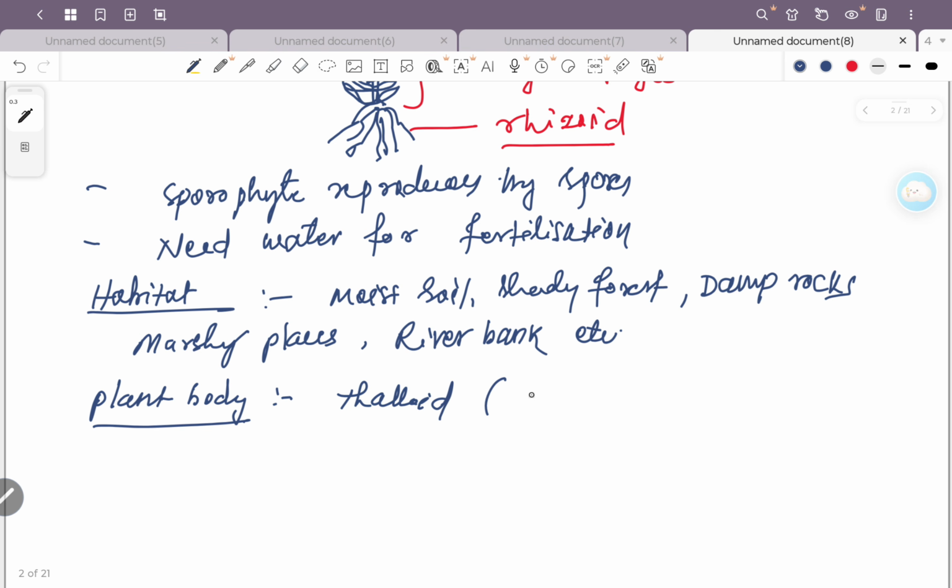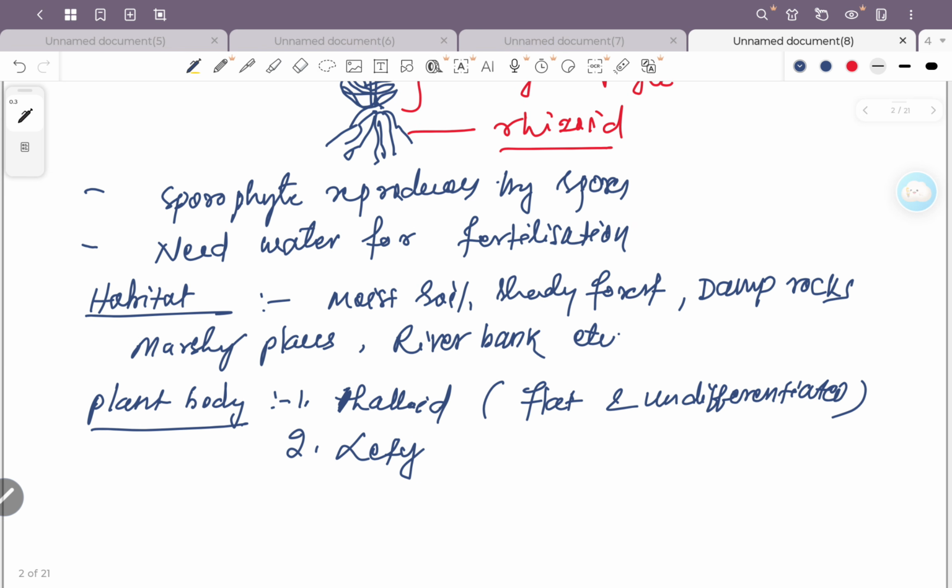Thalloid means what? Flat and undifferentiated. Some of them may be thalloid and some of them may be leafy. Leafy means stem like and leaf like structures may be present.